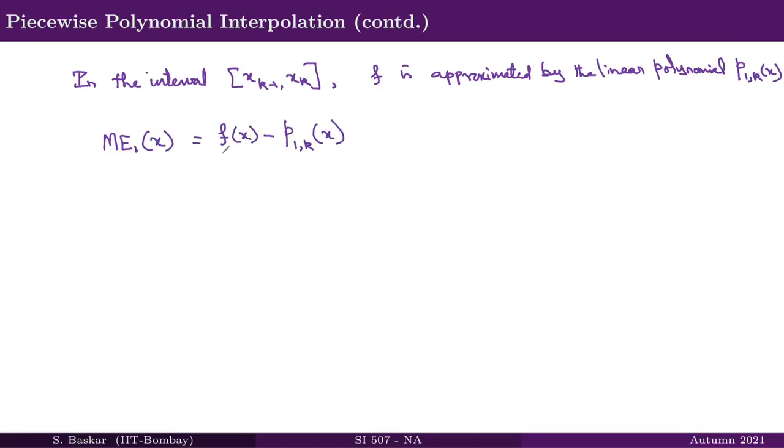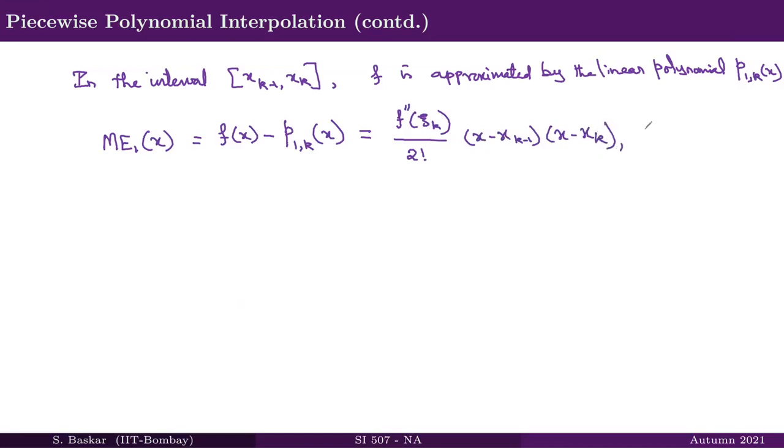And we know the expression for this mathematical error from our theorem on mathematical error for polynomial interpolation, and that is given by f double dash of some xi k divided by 2 factorial into (x minus xk-1) into (x minus xk), right?